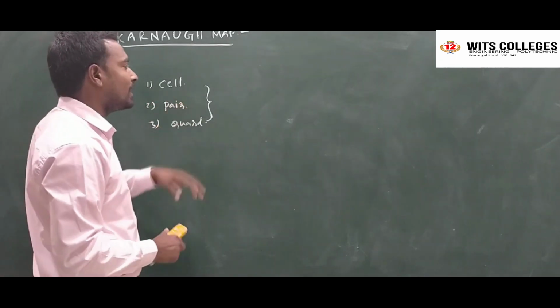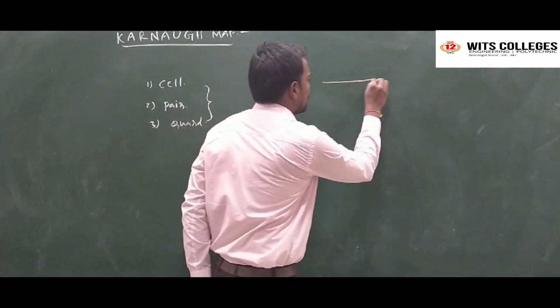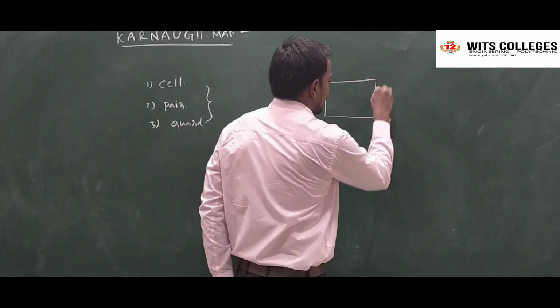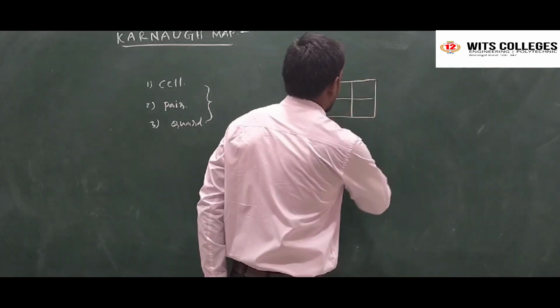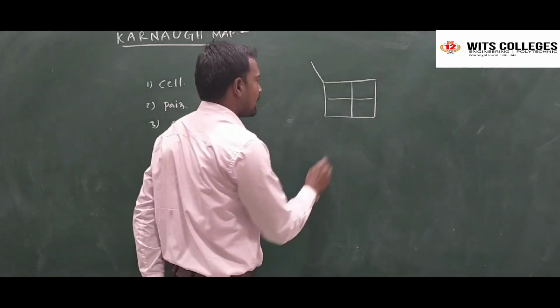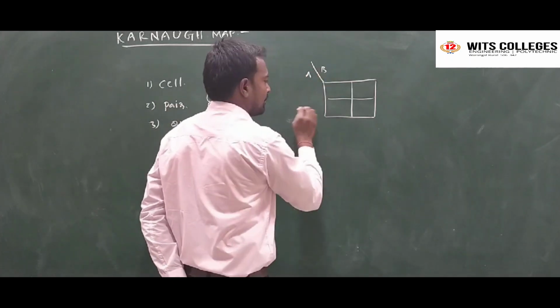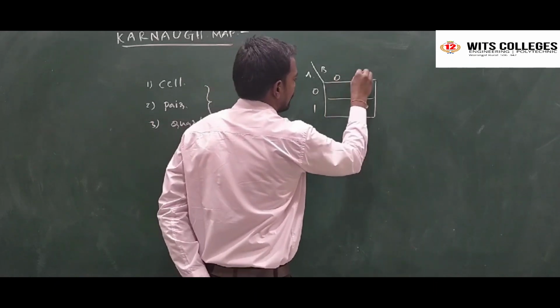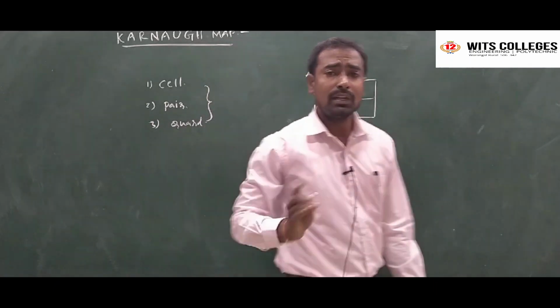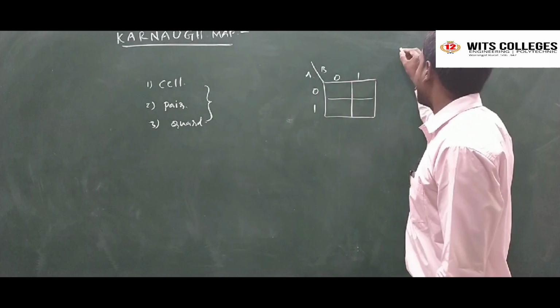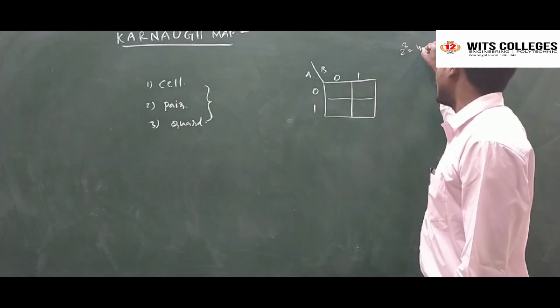Coming to the cell, the K map can be drawn like this for two variables. Here I am taking A and this is B, with 0 1 and 0 1. With two variables, we get 2 squared, which is 4 combinations.